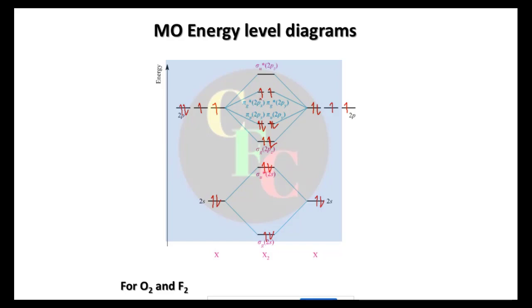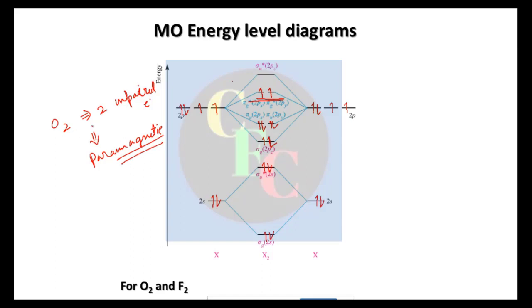Now, oxygen has 2 unpaired electrons. This means the oxygen molecule has 2 unpaired electrons, which means it is paramagnetic, right?